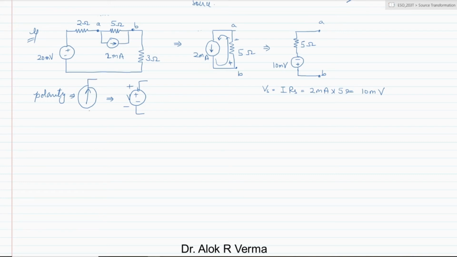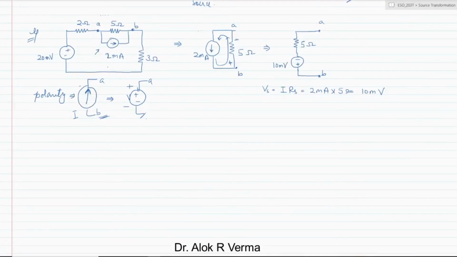This is nothing but I. So this is just for remembering the concept of polarity. Whenever the current is flowing, the terminal in the direction of the current will be taken as positive. So this is AB. If the current is going towards A, then A should be at the high potential. And this is the logic. According to the direction of flow of the current, we can decide the polarity of the voltage.